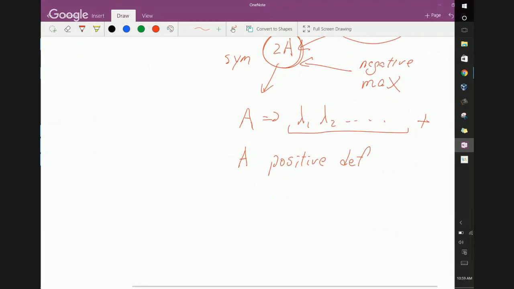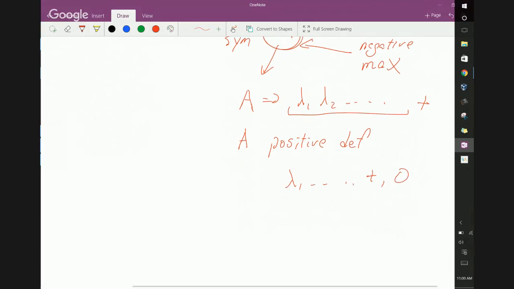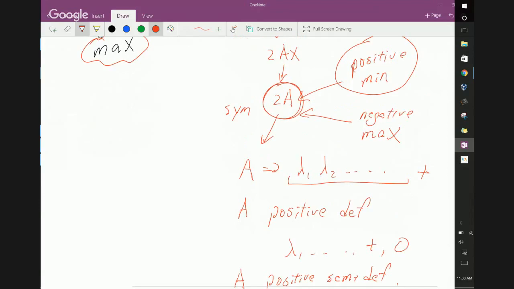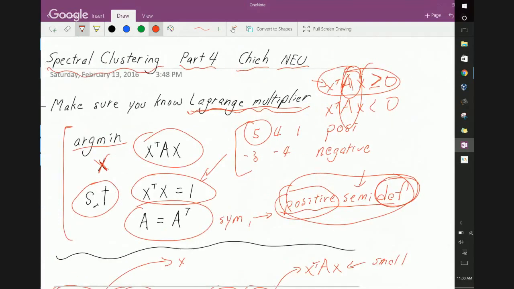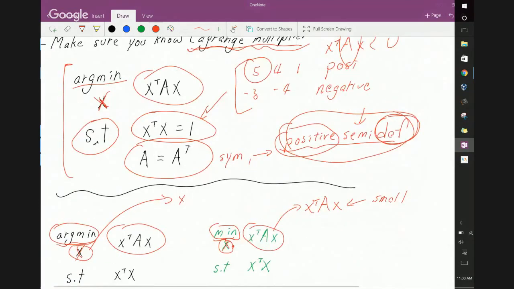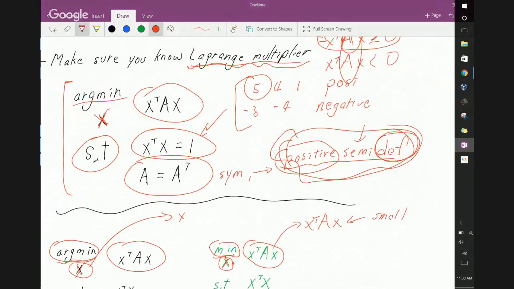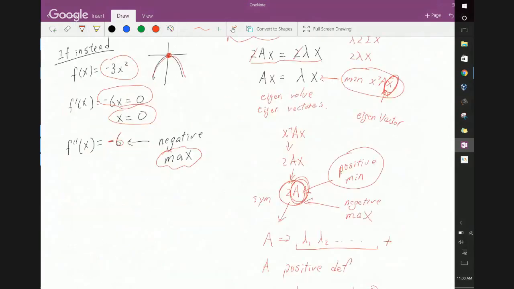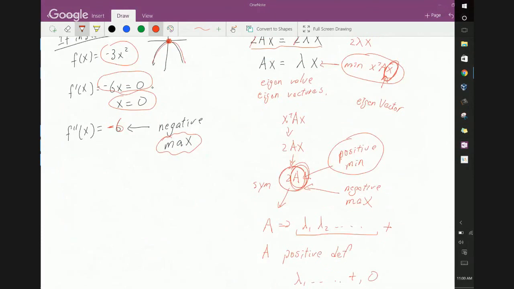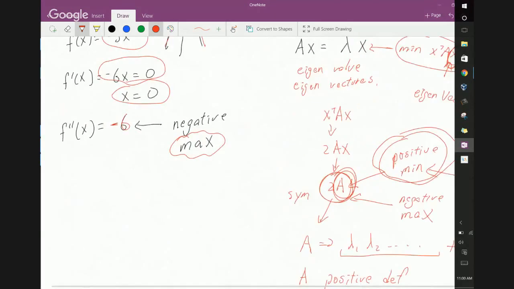If all the eigenvalues are positive or 0, that will give you A is a positive semi-definite. Now remember, from the very top, I said that we're going to just assume that it is positive semi-definite. And therefore, since this is positive semi-definite, we know this is a minimum. And that's how we can tell.